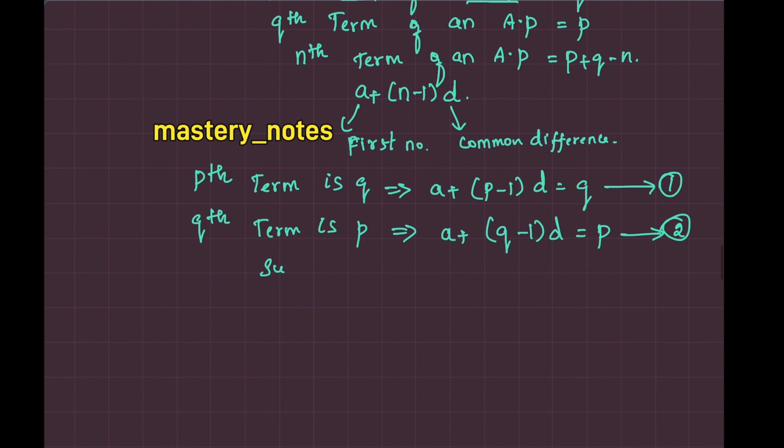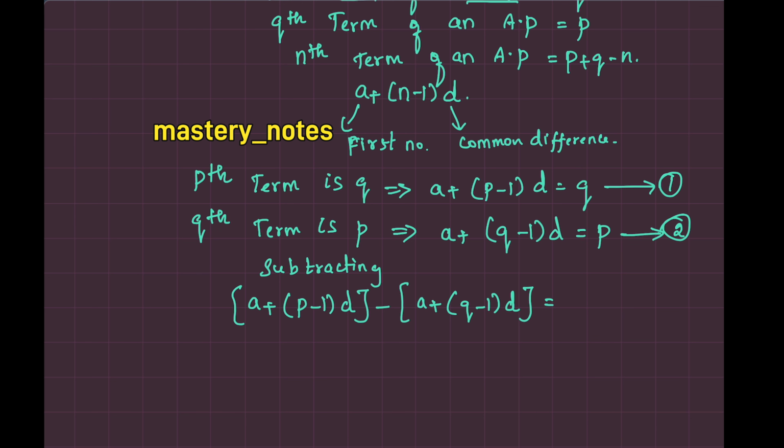Now by subtracting both the equations, if you subtract equation 2 from equation 1 we will have a plus p minus 1 into d minus a plus q minus 1 into d, which is equal to q minus p.